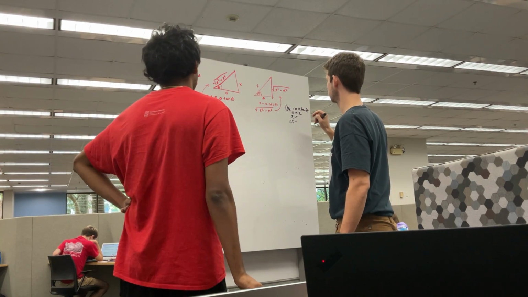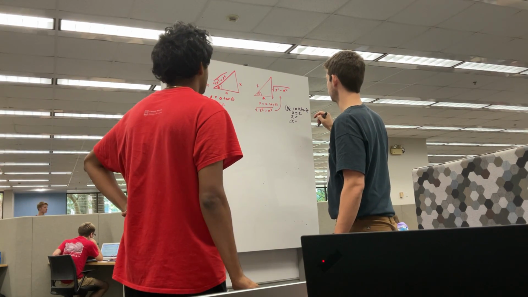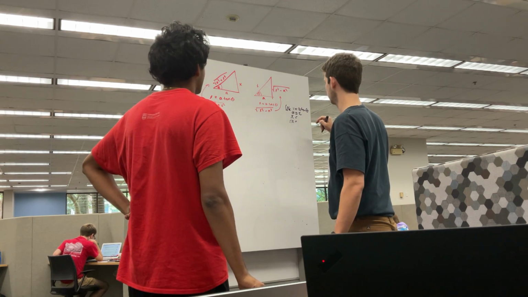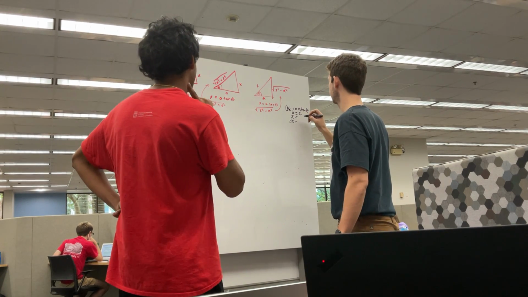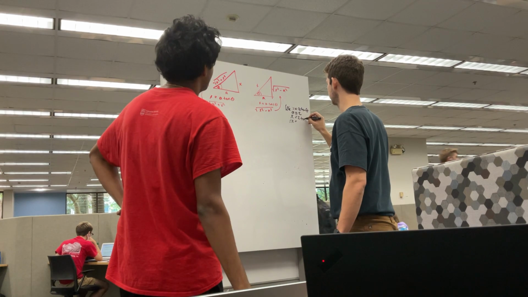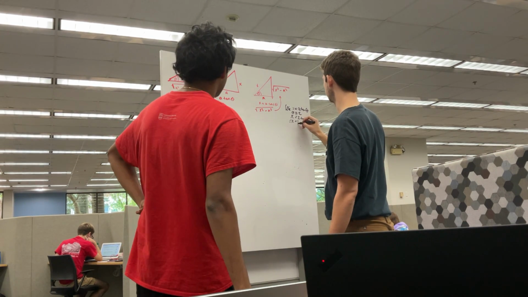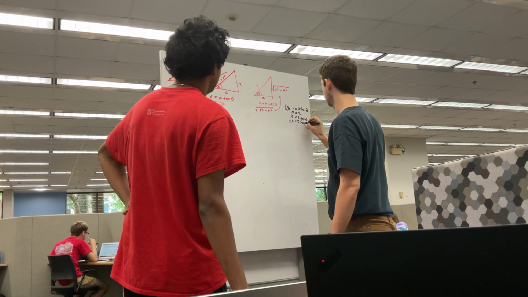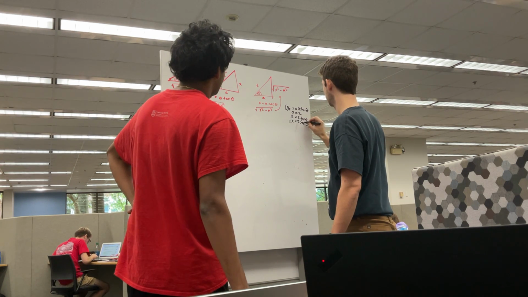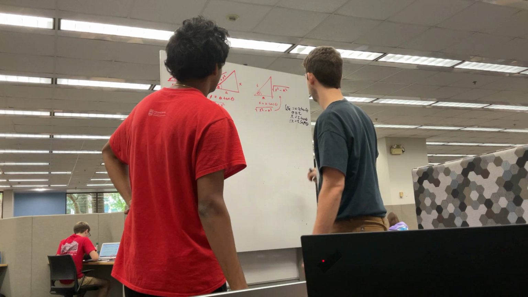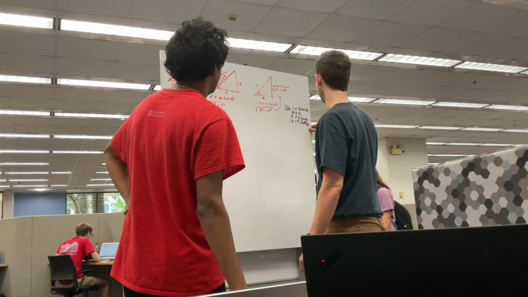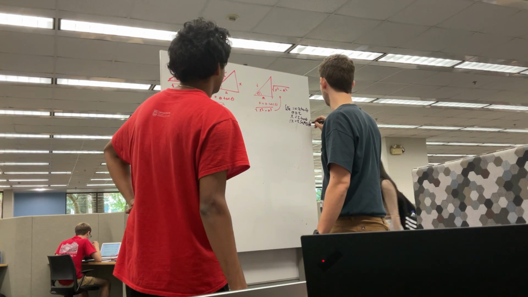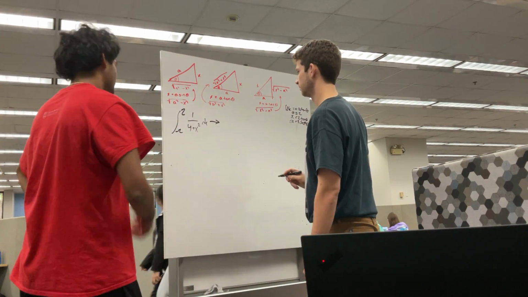So x is equal to 2 tan theta. dx is equal to 2 secant squared. Forgetting something? d theta. Yeah, perfect. That's right. Okay, so let's go.